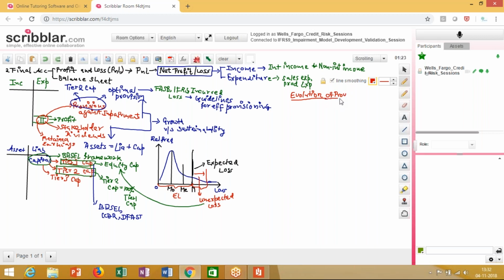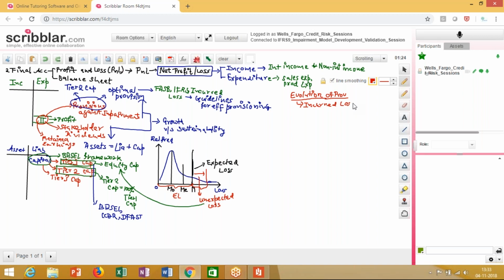So over here, the first and most basic model of provisioning was the incurred loss model. The first question that comes out is, what exactly is this incurred loss model?